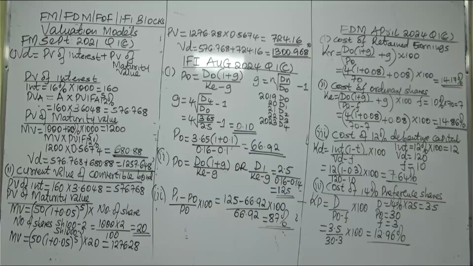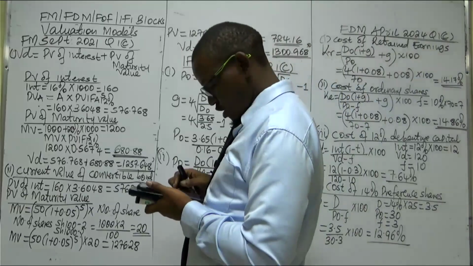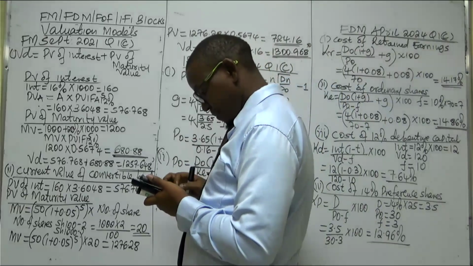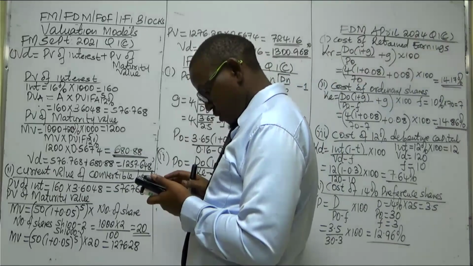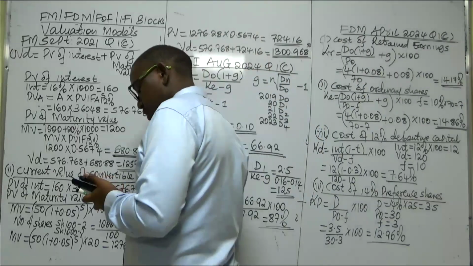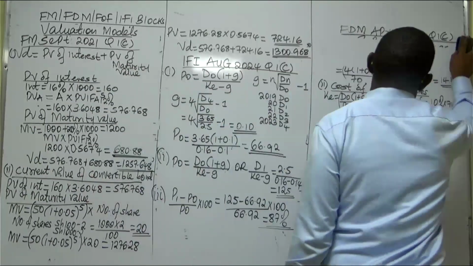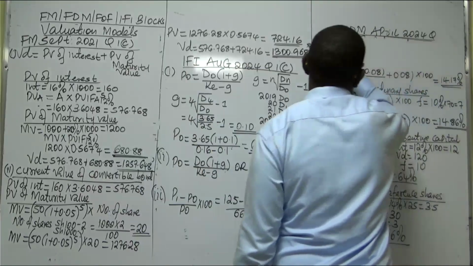From FDM, April 2024, I just want to do question number 3B, Roman 2.